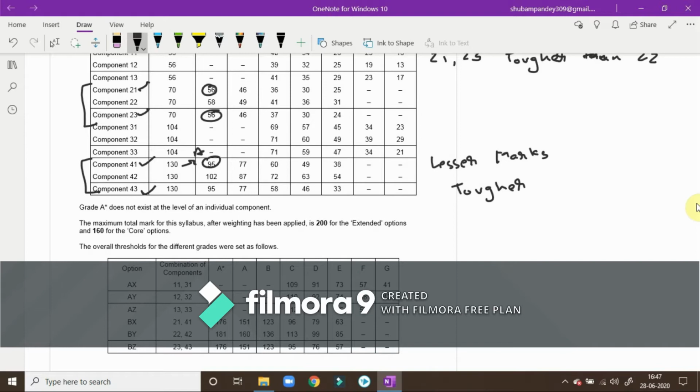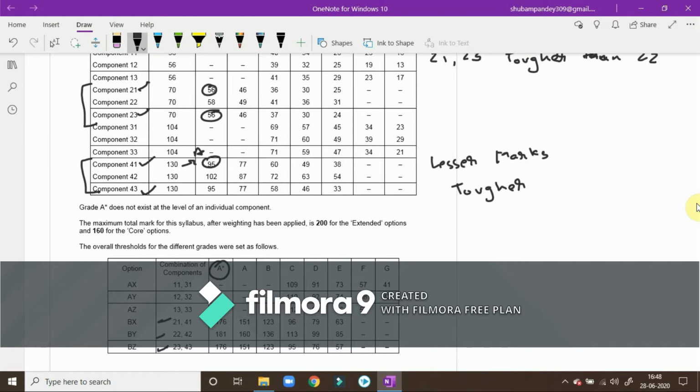Next, you have something more about combinations of components. Whenever a student is appearing for an IGCSE exam, he will have one of these 6 options. If he is a core student, he'll be using the options AX, AY or AZ. But an extended student will be appearing for 21 and 41, 22 and 42, or 23 and 43. So for an A star, how much does a student need?